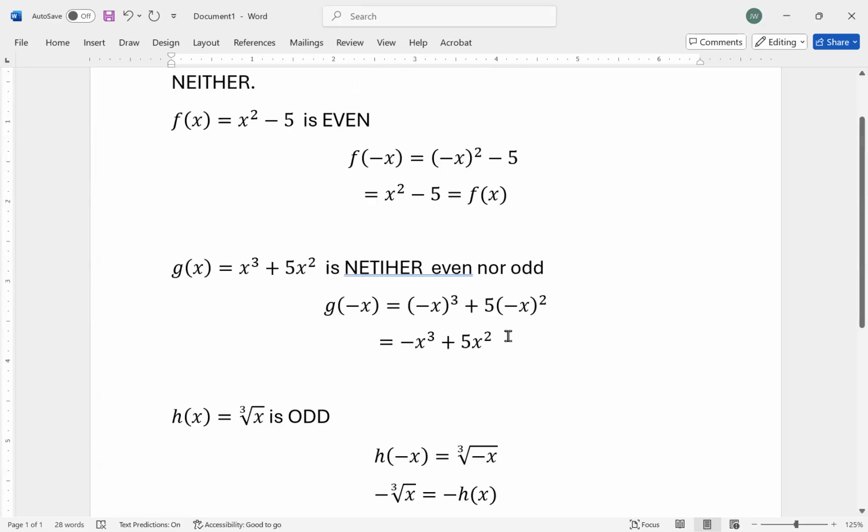So we had one each way. When we plugged in a negative, we got the function back; therefore, the original function was even. When we plugged in the negative x, we got the negative of the function; therefore, our function was odd. And when we plugged in a negative x, we got neither the negative of the function nor the function back; therefore, our function was neither even nor odd.